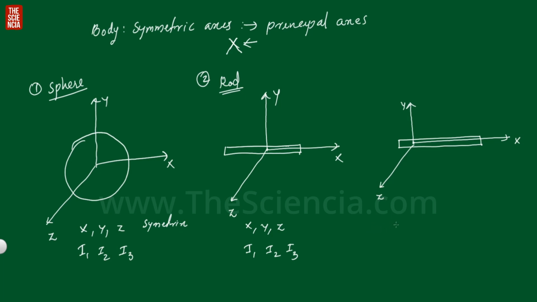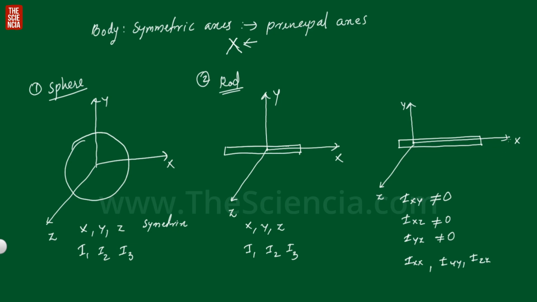Now if you calculate Ixy, Ixz, and Iyz, you get that they are not equal to 0, and you also get Ixx, Iyy, and Izz values.